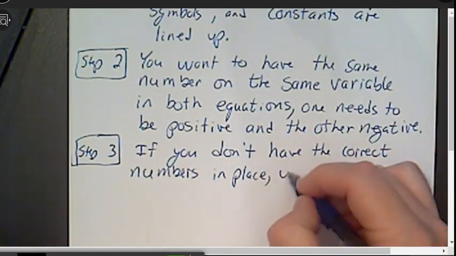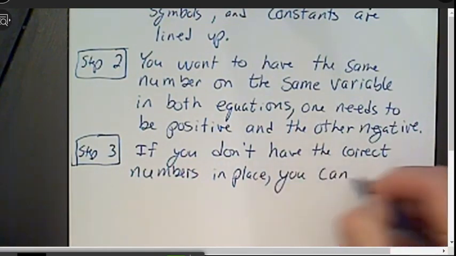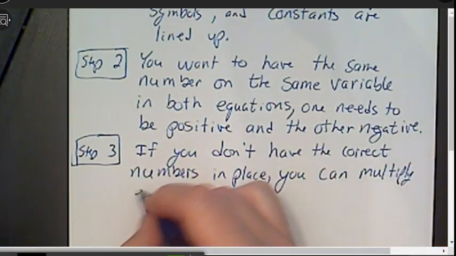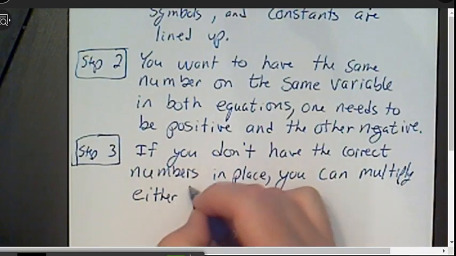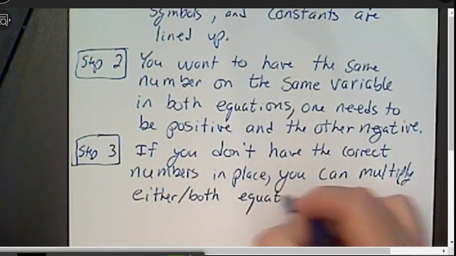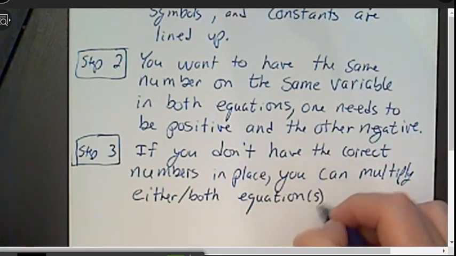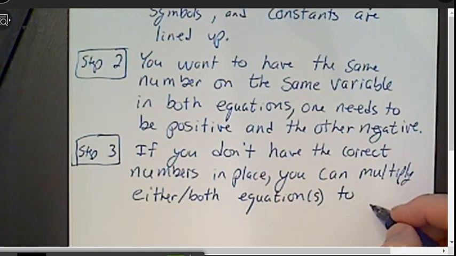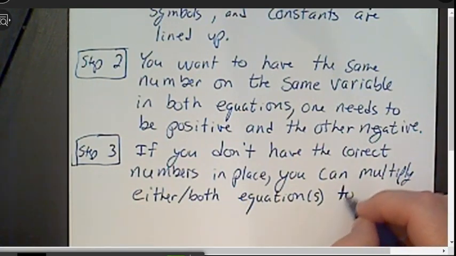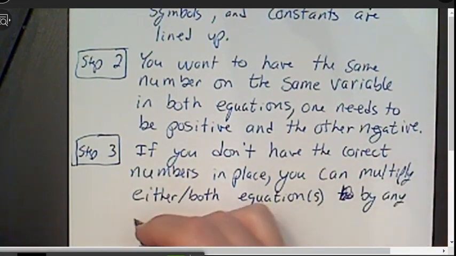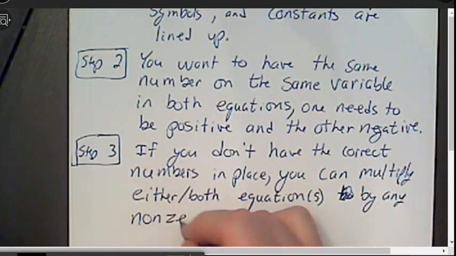You can multiply either or, in some cases, both equations. You multiply by any number. Well, you can't use 0. That's a trick question.